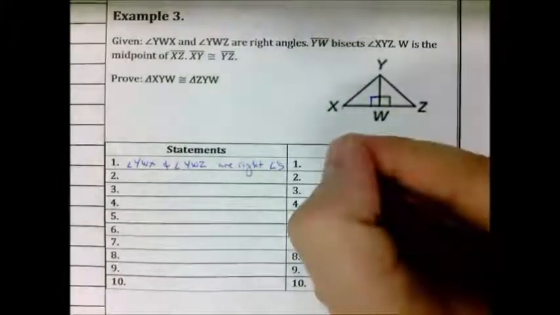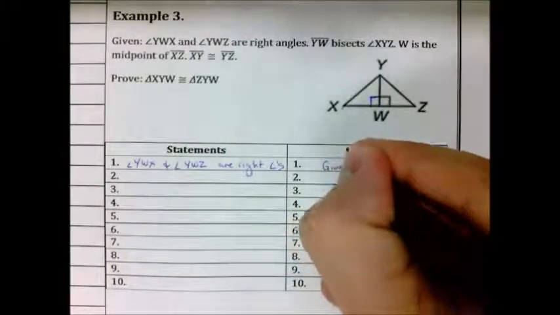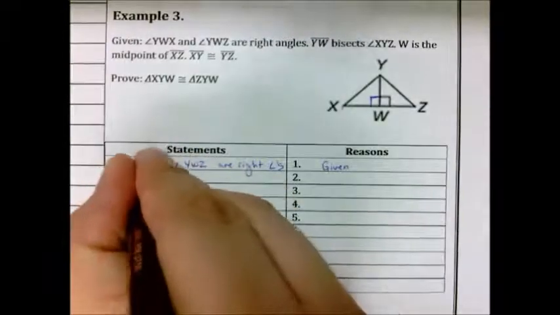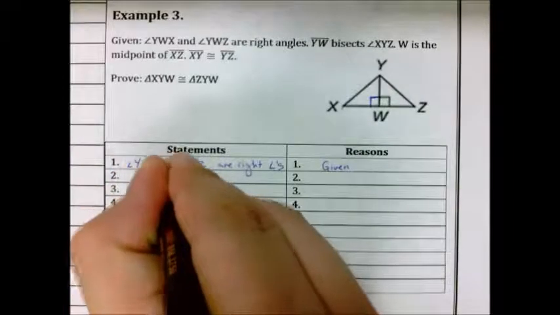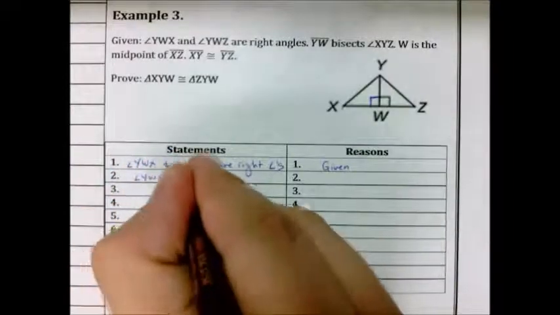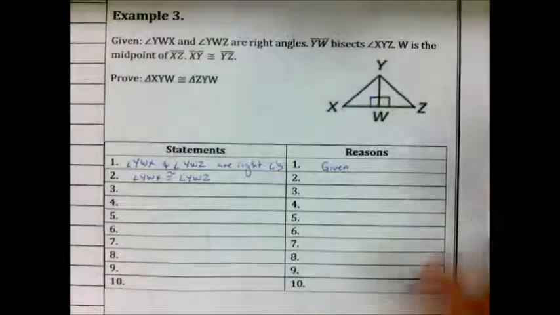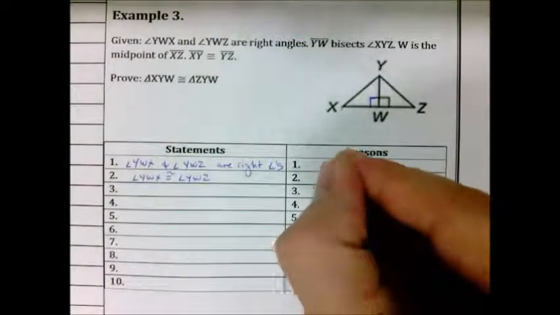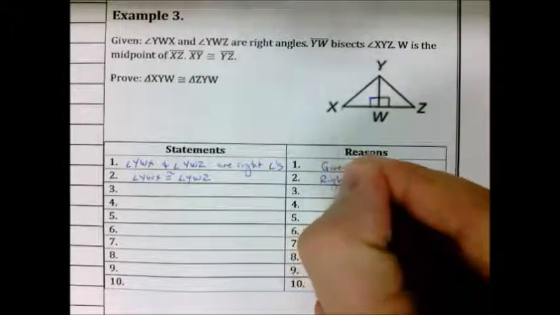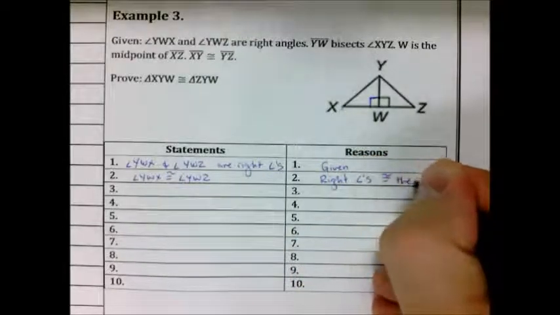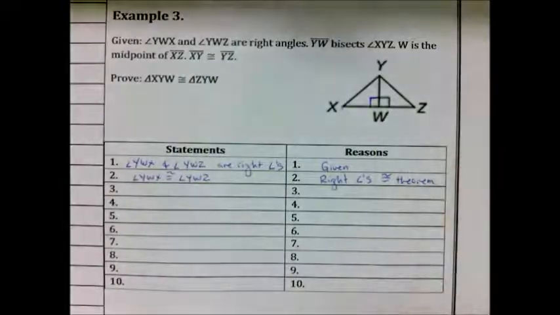The reason we can say that is given information. Based on that, if they are right angles, we can conclude that angle YWX is congruent to angle YWZ. If they're both right angles, then they have to be equal to each other. That's the right angles are congruent theorem. If you said they're both right angles for your reason, that would be just fine.